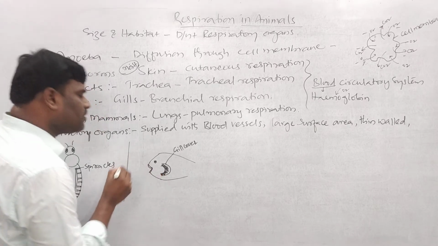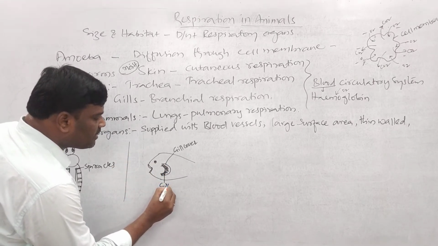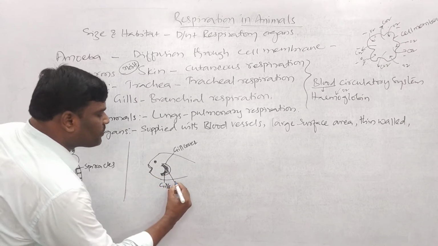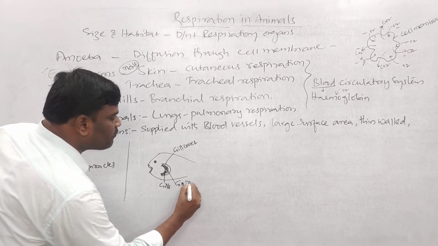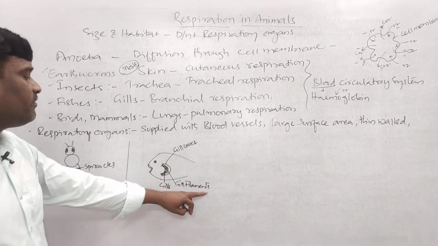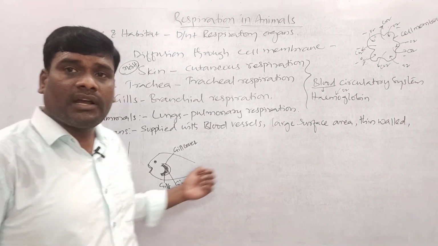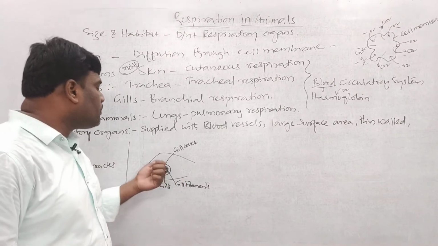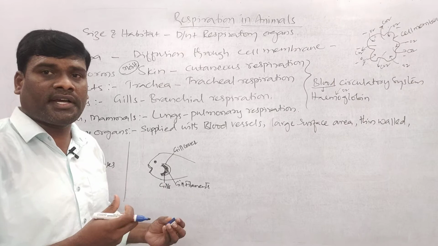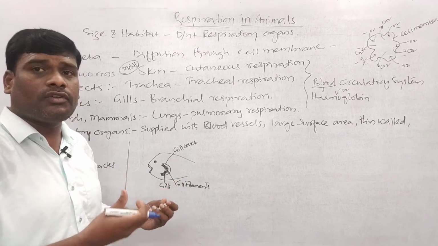When you observe fishes, you can see this. The main function of the gill filaments is that they increase the surface area of the gills. Why? In order to absorb the oxygen from the water. This oxygen is present in the water in the dissolved state.